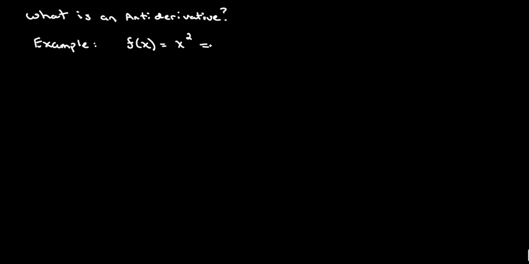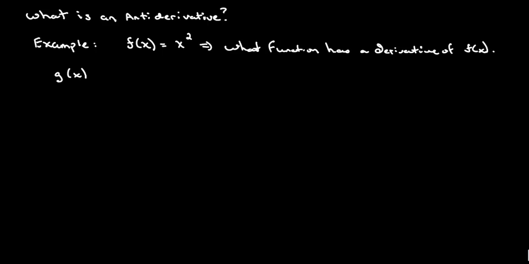Now the question might be, what function has a derivative of f of x? Meaning, let's find another function, let's just call it g of x. We want to know what that is equal to, so that when we take the derivative of g of x, we get f of x, which is x squared. So we want to see, can we find a function that when we differentiate it, we get x squared?